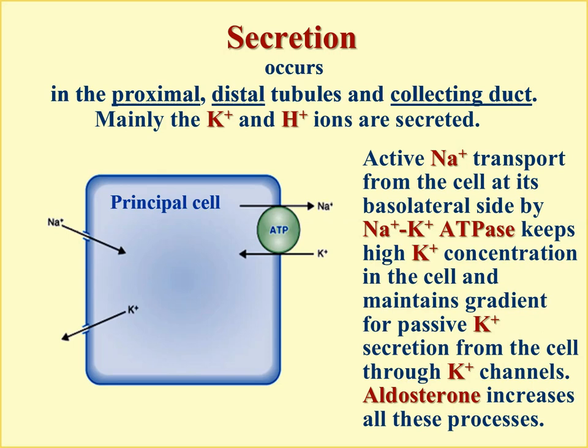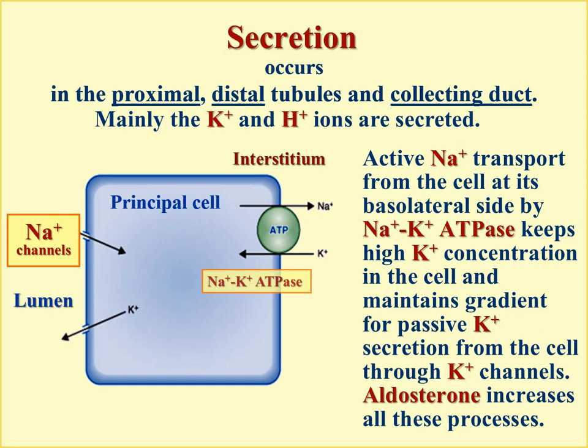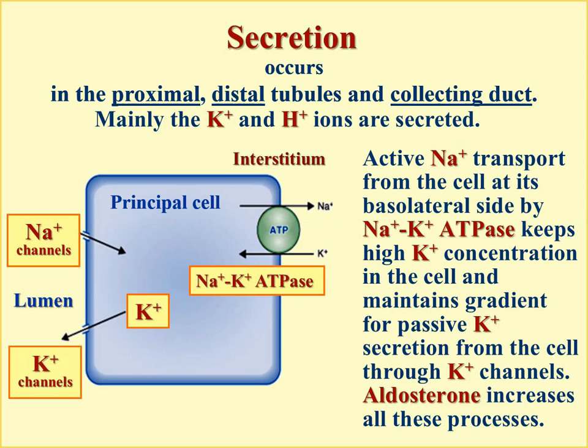Mainly these processes occur in principal cells of the late distal tubules and collecting ducts. And you see potassium channels are present here, not only sodium channels, but also potassium channels, which allow potassium to go into the lumen. And so these ions are secreted, and secretion of potassium is also one of the functions of aldosterone.